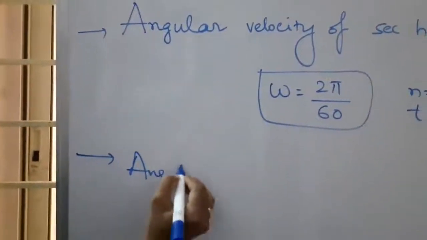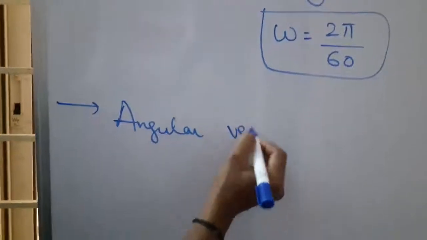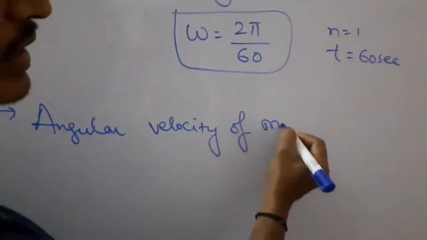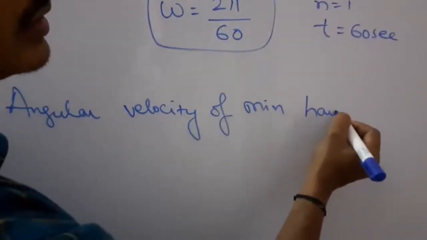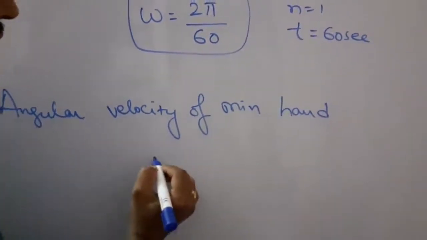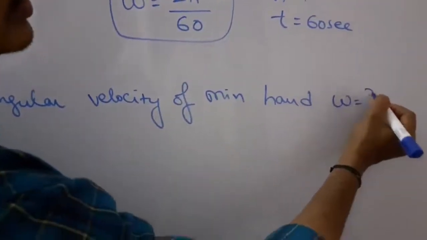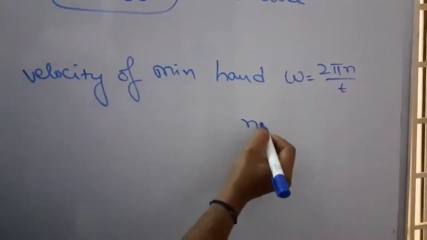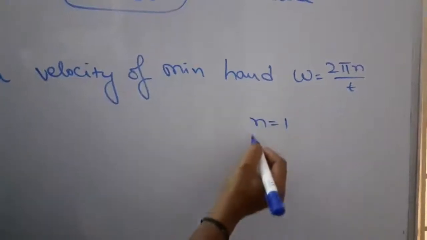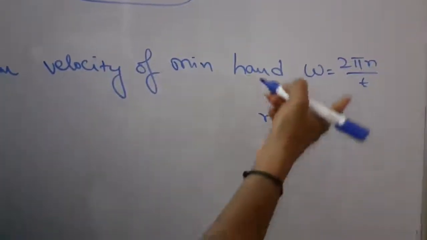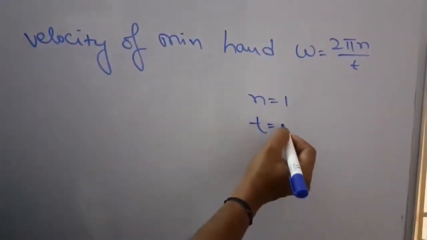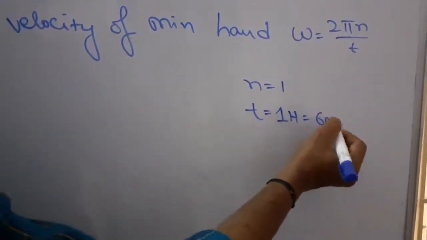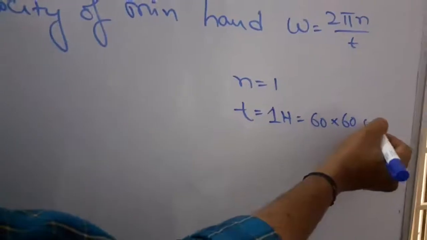Angular velocity of the minutes hand: omega equals 2 pi into n divided by t, where the number of revolutions n is 1. The minutes hand, whenever it makes one revolution, takes 1 hour, and 1 hour is 60 minutes into 60 seconds.